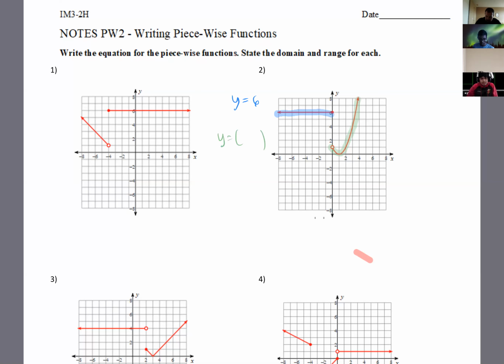This has a vertex right here of (1, 0). So you do (x minus 1) squared plus 0. So it's based off of this: y equals (x minus h) squared plus k. This is your h, and this is your k.